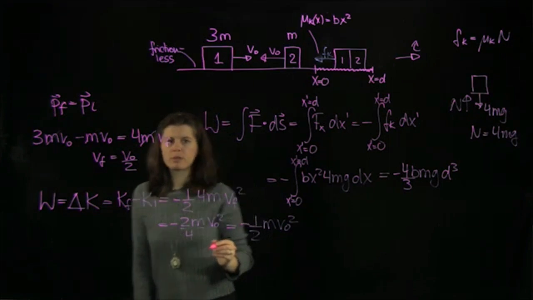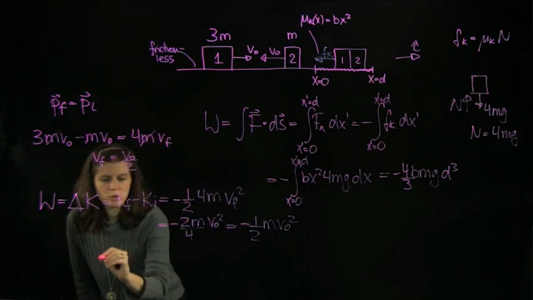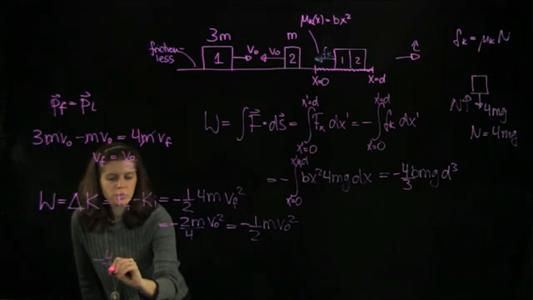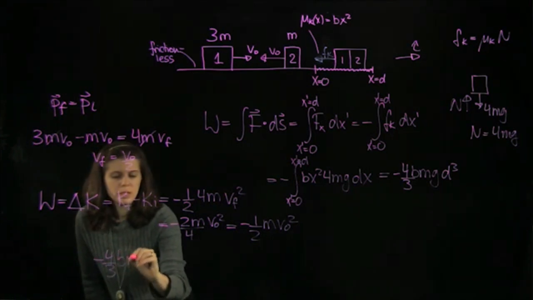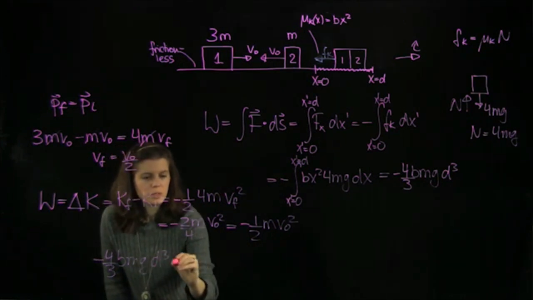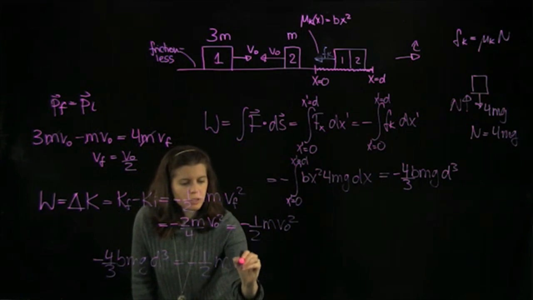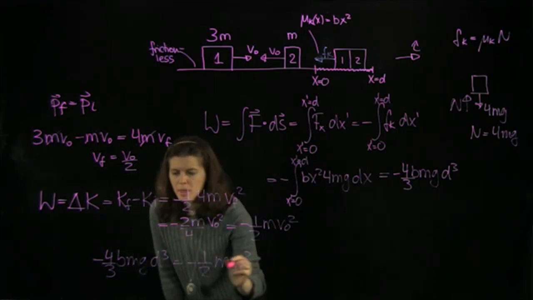Okay, so now we can put this all together. We apply this work-energy principle, so we're going to get minus 4/3 b m g d cubed equals minus 1/2 m v naught squared.